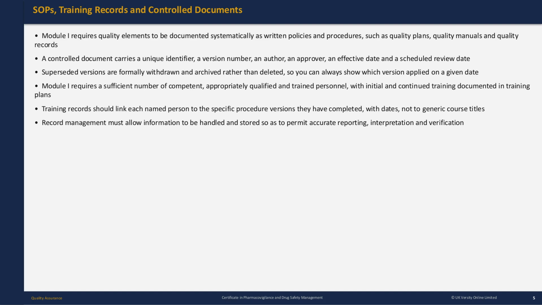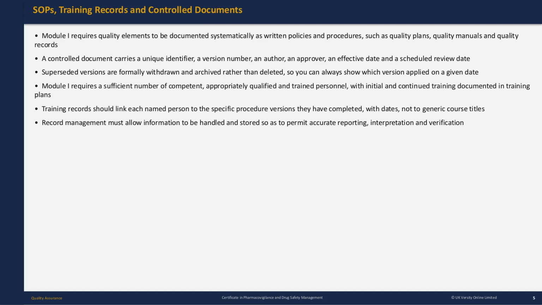SOPs, training records and controlled documents. Module 1 requires quality elements to be documented systematically as written policies and procedures, such as quality plans, quality manuals, and quality records. A controlled document carries a unique identifier, a version number, an author, an approver, an effective date, and a scheduled review date.